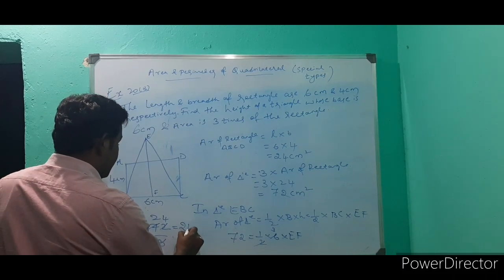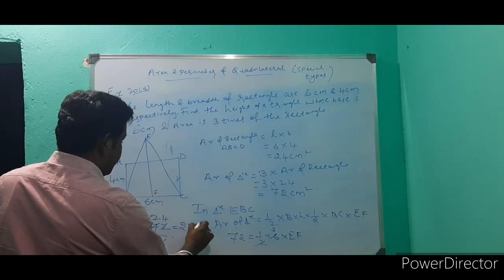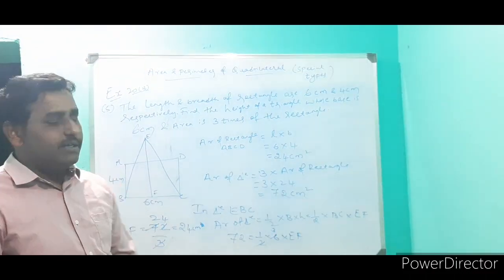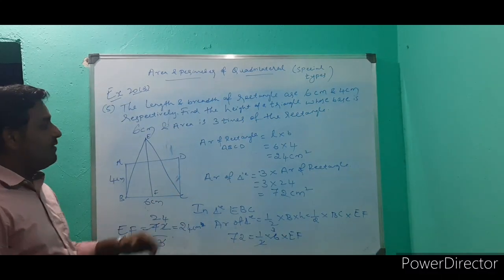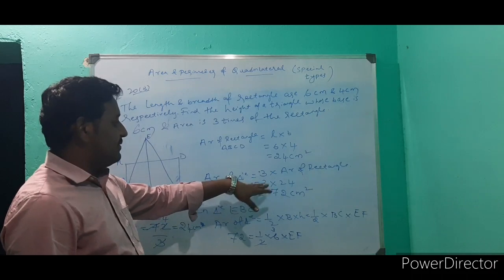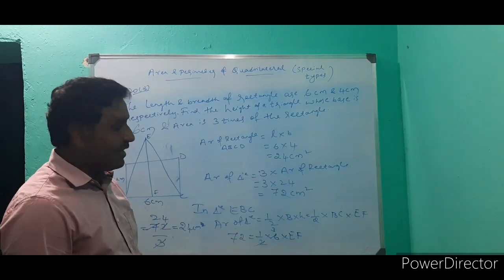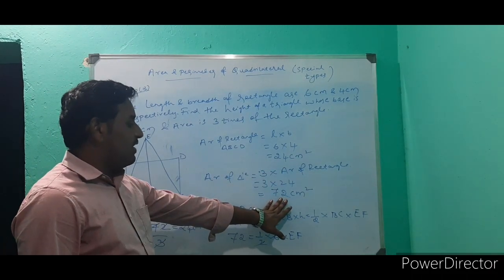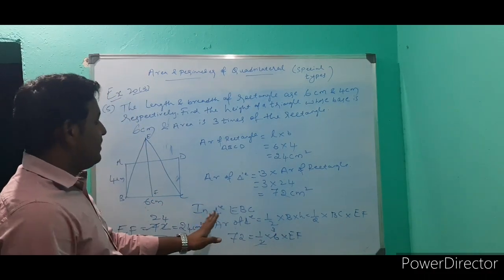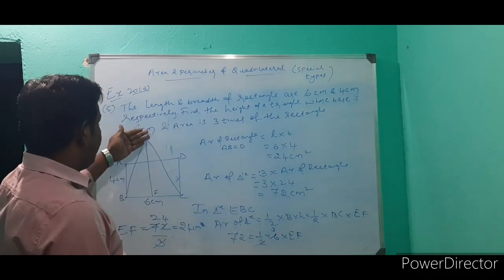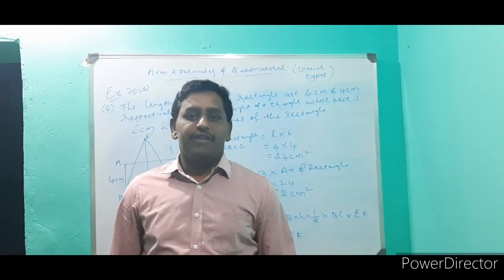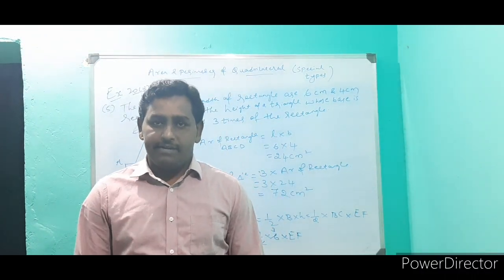So that is 24 centimeter. Height is 24 centimeter. So like this you can easily find out. First we find the area of rectangle, then area of triangle is equal to 3 times of area of rectangle. Then you can automatically find the area of triangle. After finding area of triangle, consider the triangle and apply the formula and find the height of the triangle of the same base given in the rectangle.